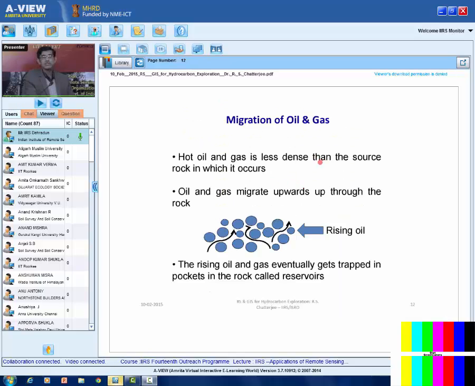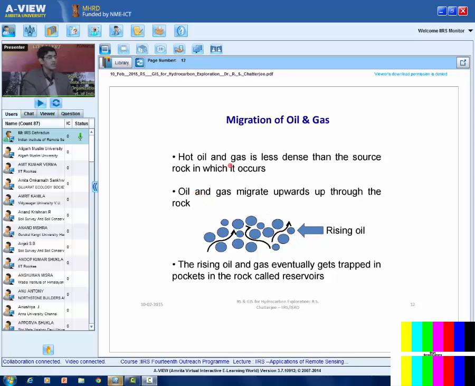Now after it is thermally matured, it is producing oil and gas. Then oil and gas are very less dense. And so what will happen? In the source rock, there are pore spaces, but they cannot accumulate in high concentration.